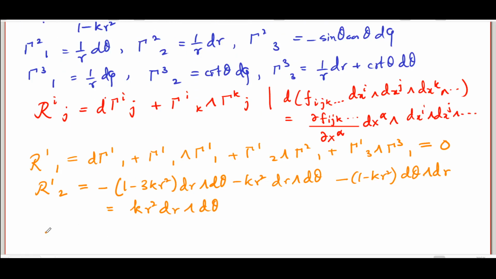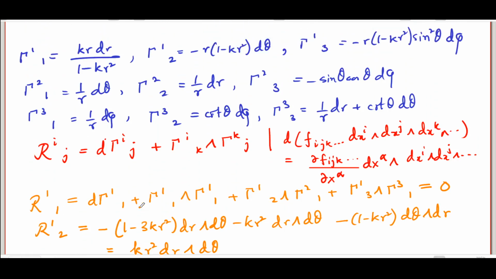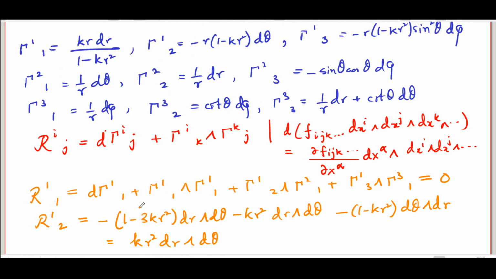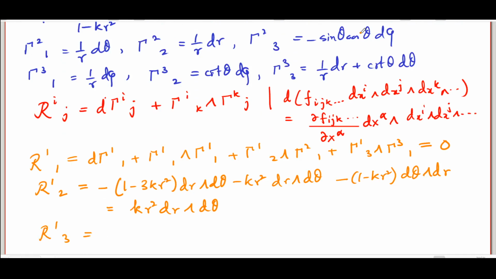What about R13? D gamma 13, that's actually going to be a bit longer. You're going to have to differentiate this. So now you're going to get two terms. One is going to be minus 1 minus 3k r square sine square theta dr wedge d phi, just like in the previous case, except that you have a d phi here.